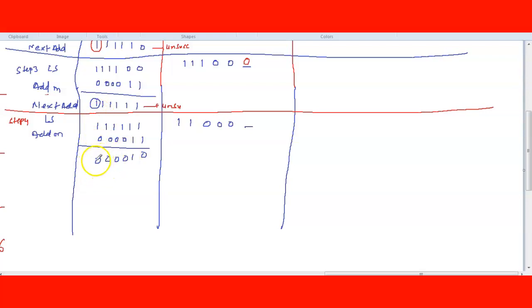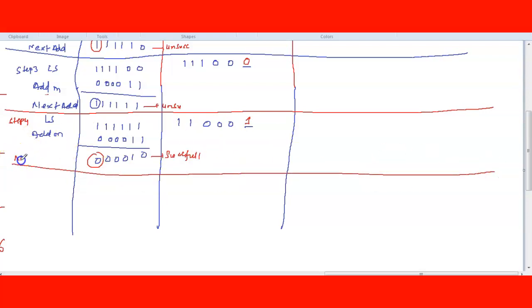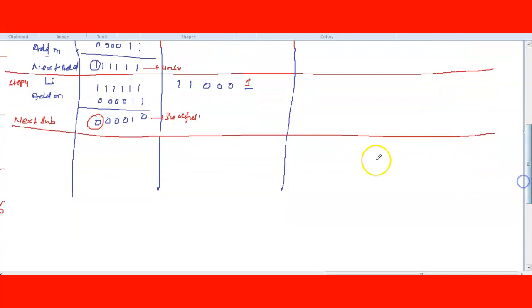This step is successful, since the MSB is 0. So the quotient bit will be 1. So the next step will be subtraction, like normal. Whenever this happens, the next step will be subtraction. Step 4 is over. So now let's continue.